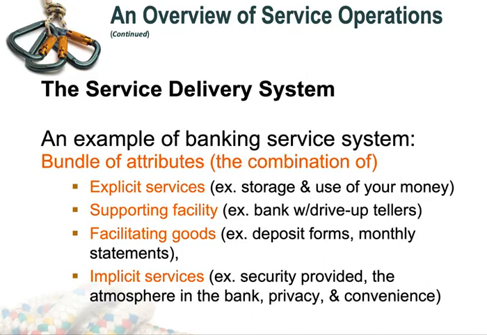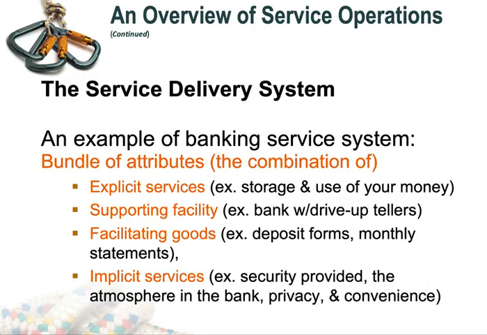So the first example is storage and use of your money, and then a supporting facility, for example, bank with draft tellers, okay, facilitating goods. So for example, deposit form, monthly statements, and also implicit services.